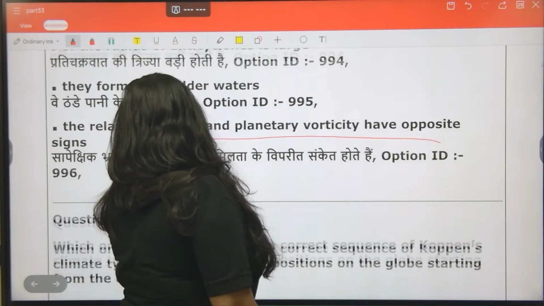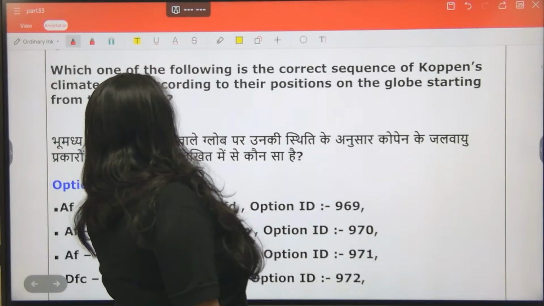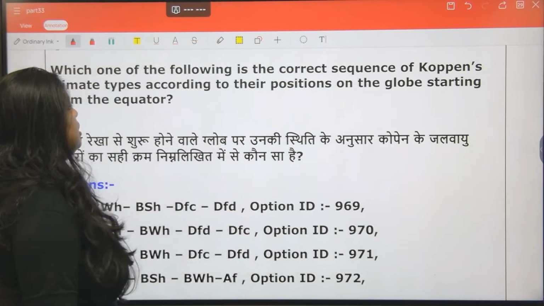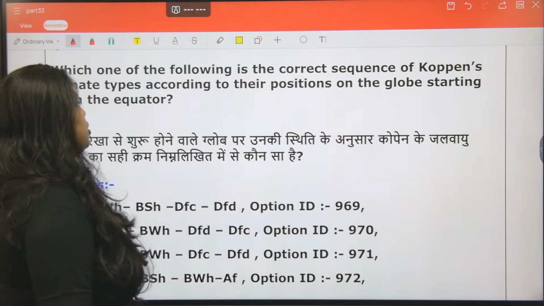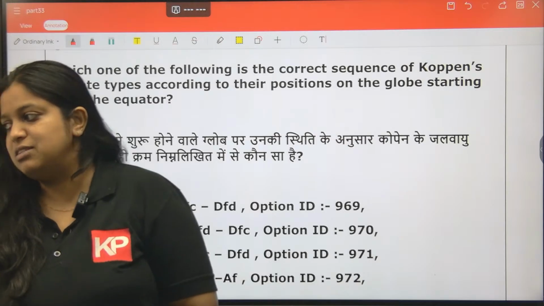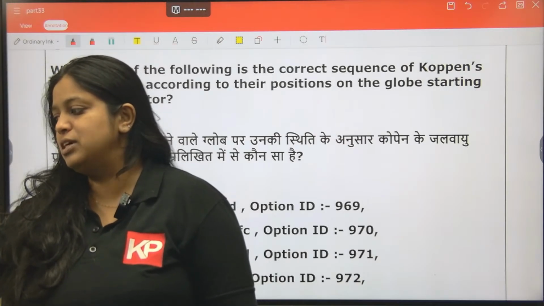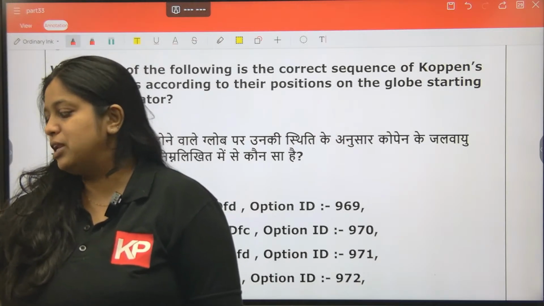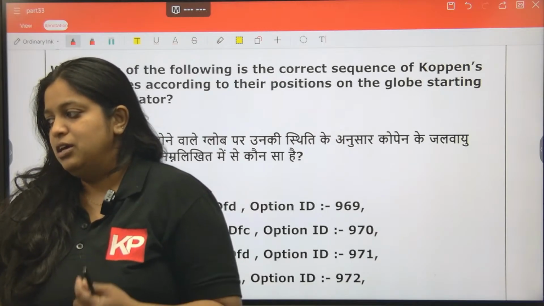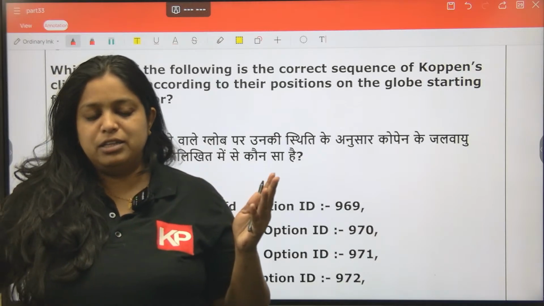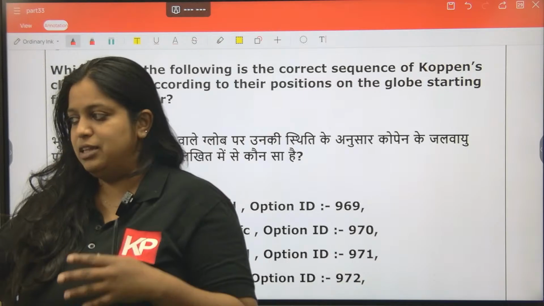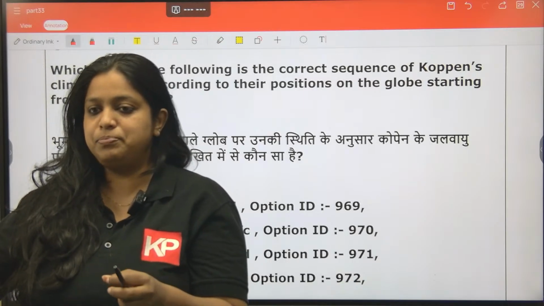Okay, then which one of the following is the correct sequence of Köppen's climate types according to their positions on the globe, starting from the equator? We have discussed Köppen's climate classification in detail in the class. We can divide the terminologies: Group A, Group B, Group C, Group D, Group E are the first symbols.